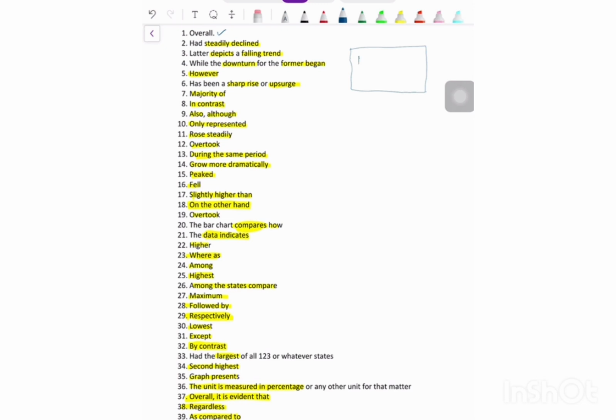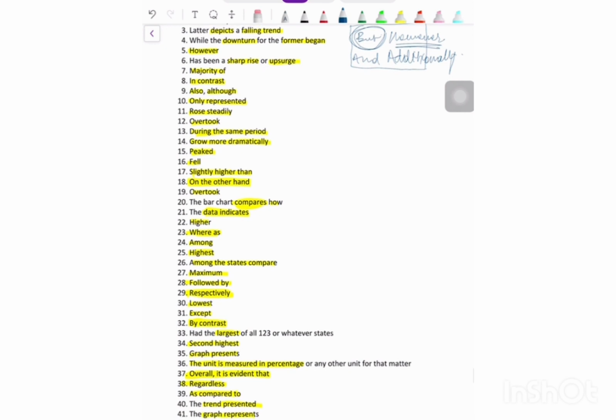Like instead of writing but, underline that with a red pen and write however. Then you will remember that next time instead of writing but I'll write however, and instead of and I'll write a linker like additionally, moreover, something like that. Or a good word for beautiful could be any band nine word you know of. Like that you can improve your writing style.